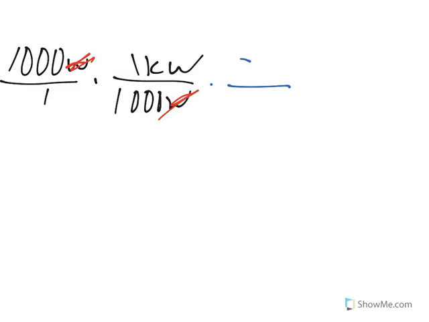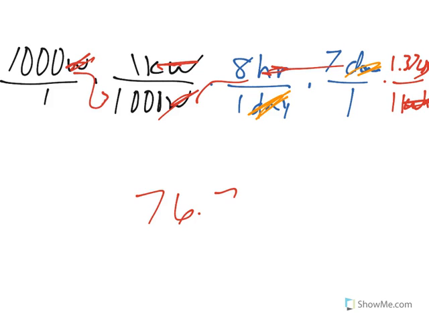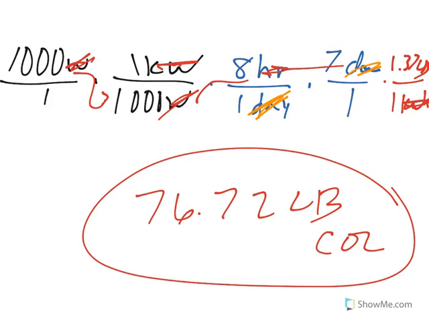We are doing that for 8 hours each day, and it said for a week, and there are 7 days in a week. So now that I'm in kilowatt hours, I multiply by 1.37 pounds over 1 kilowatt hour, and so kilowatt hours cancel out with kilowatt hours. So when I divide and then multiply on the top, I end up with 76.72 pounds of CO2. That's how much you save by doing this.